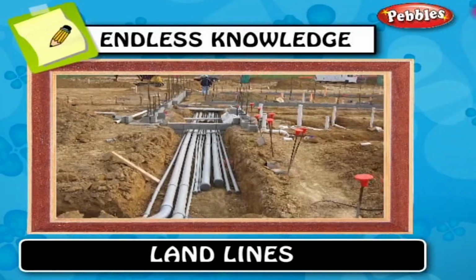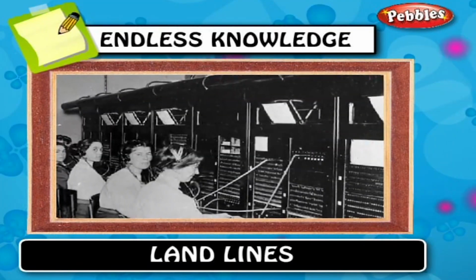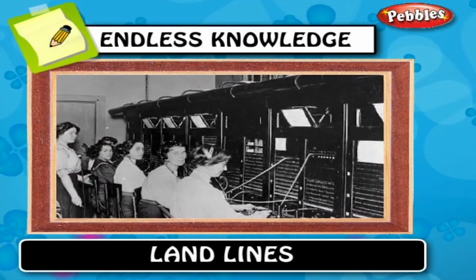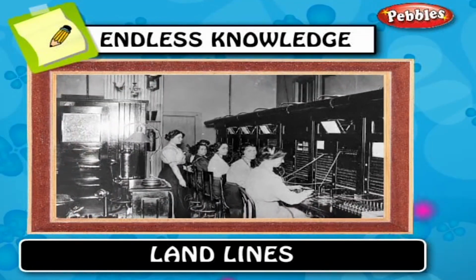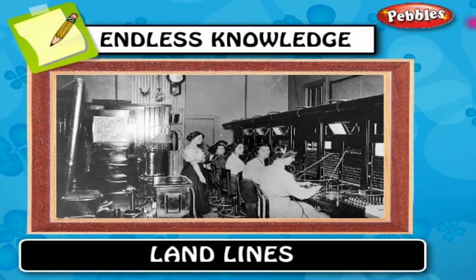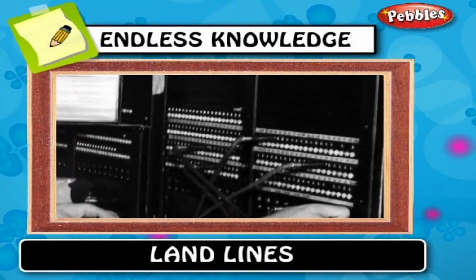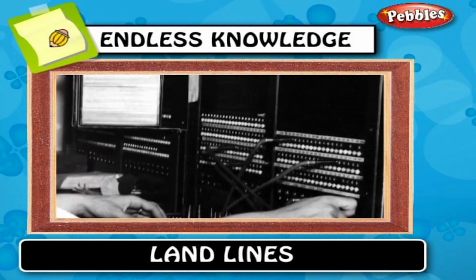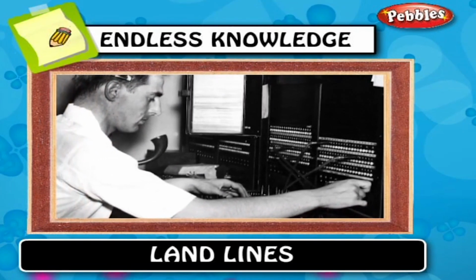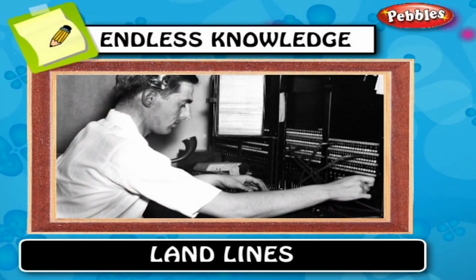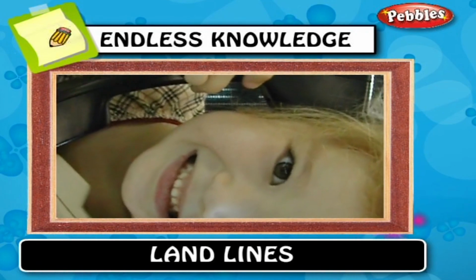The cable carries the signal to the telephone exchange. There are telephone exchanges all over the world. The computers in the telephone exchange read the number you have dialed and send the signal to the telephone exchange nearest your friend's place.